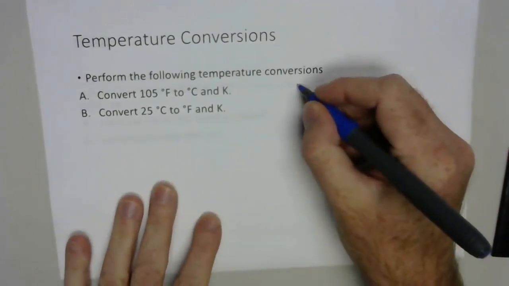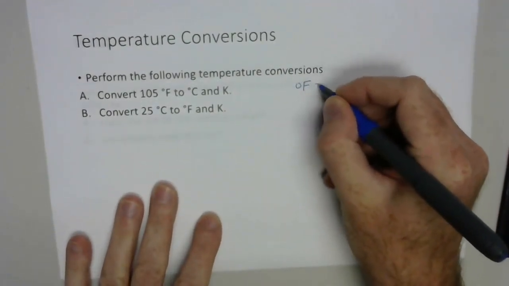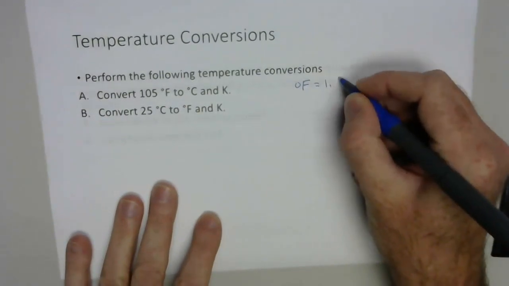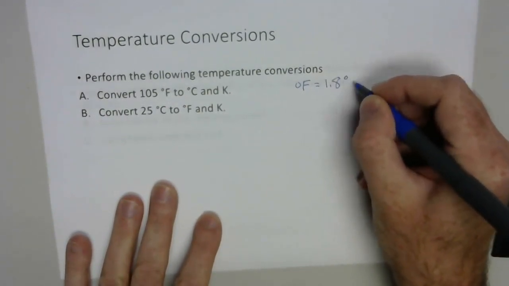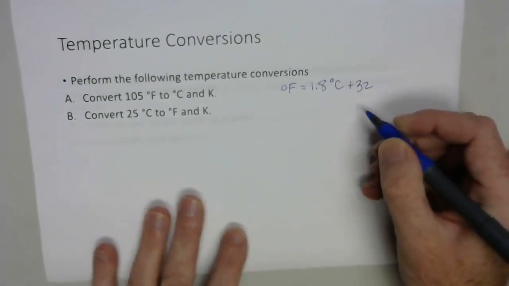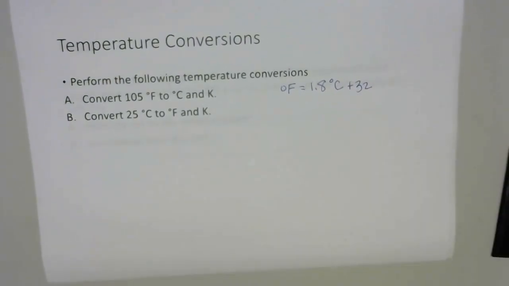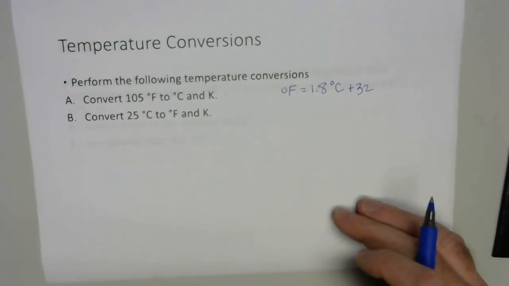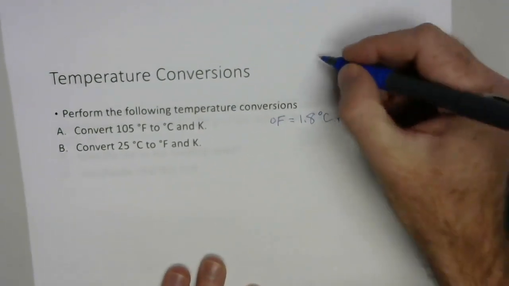We got degrees Fahrenheit equals 1.8 times the temperature in degrees Celsius plus 32. The 1.8 is because there's 180 degrees between freezing and boiling of water on the Fahrenheit scale and 100 on the Celsius scale.